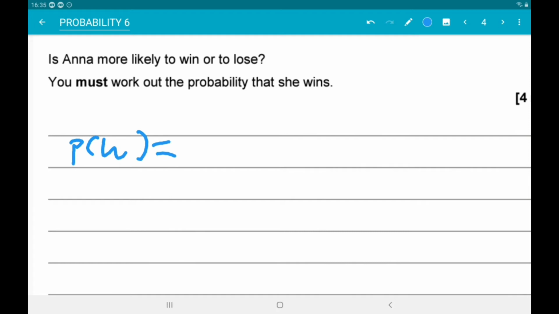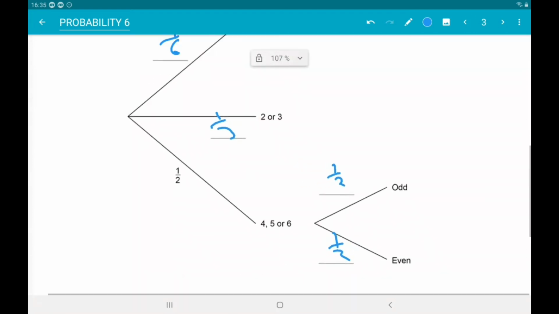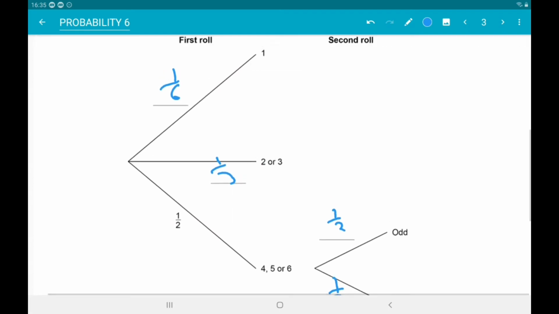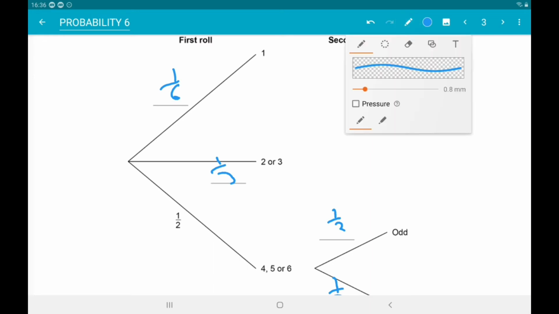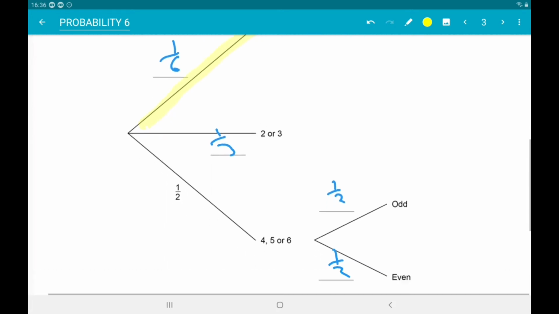So, if she gets a 1 on the first dice, she wins. So we want that. Now, she can also win by rolling 4, 5 or 6 and then an odd number.